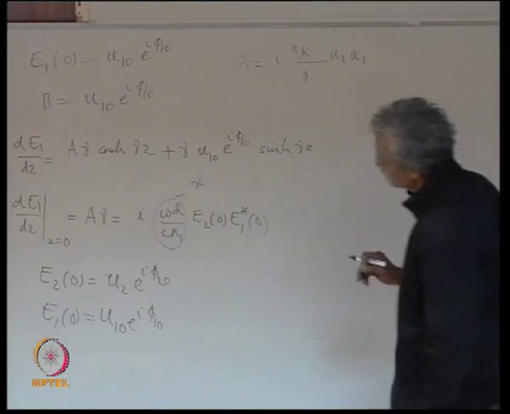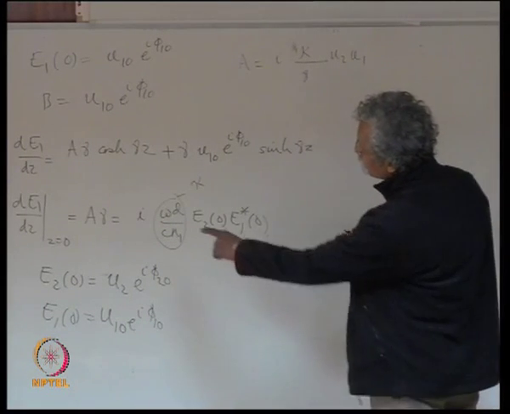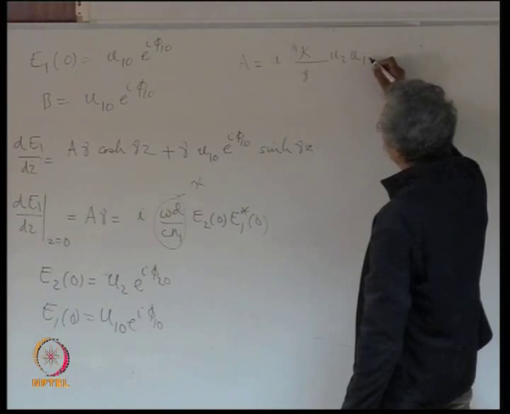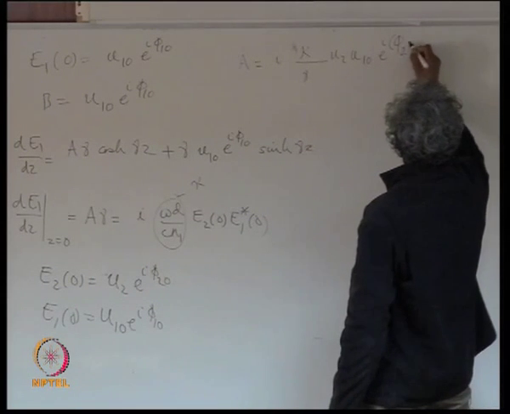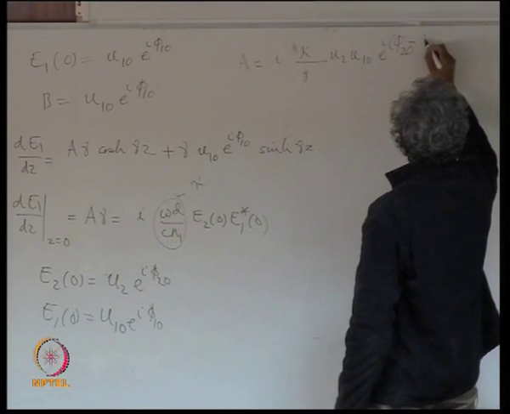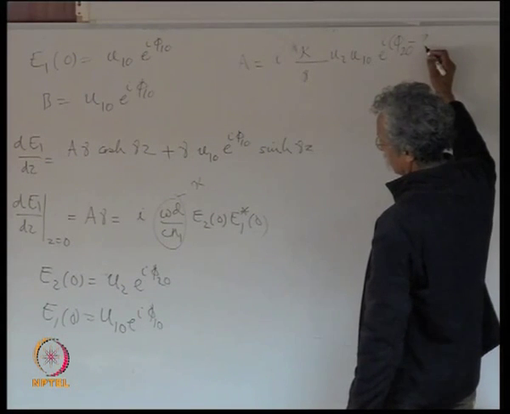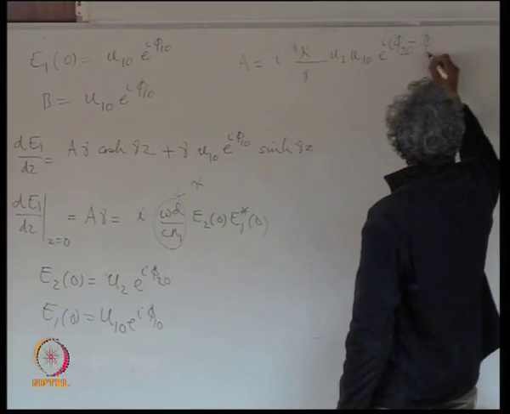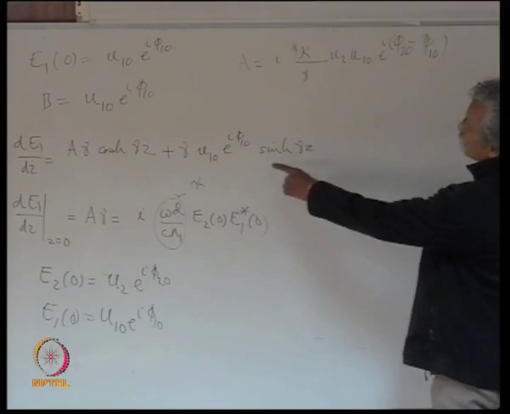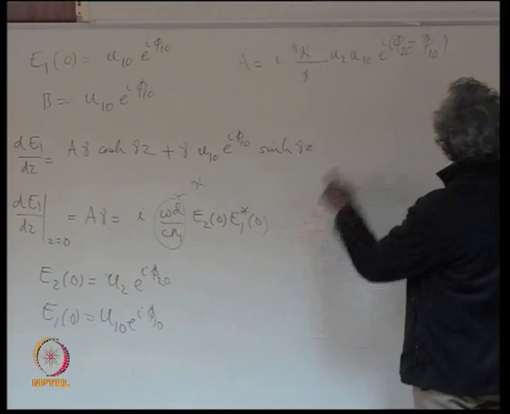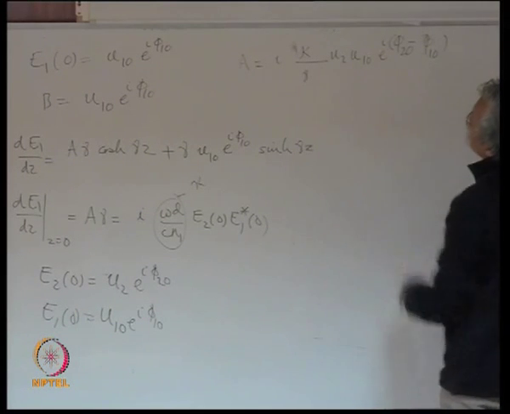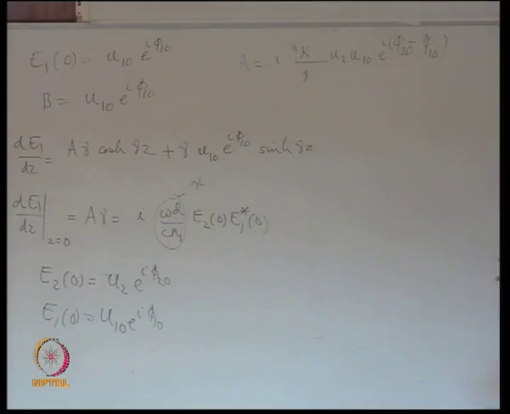So A is equal to i kappa U2 U1 0 exponential i (phi 2 0 minus phi 1 0), because you have an E1 0 star. E1 0 star is U1 0 exponential minus i phi 1 0. And so that's the expression for A.